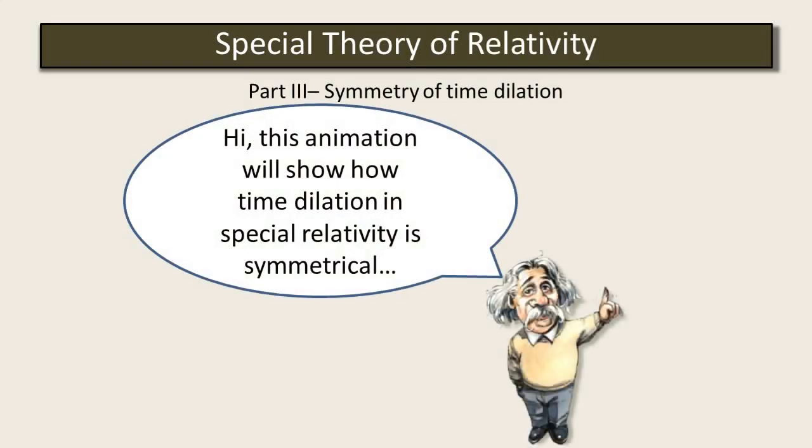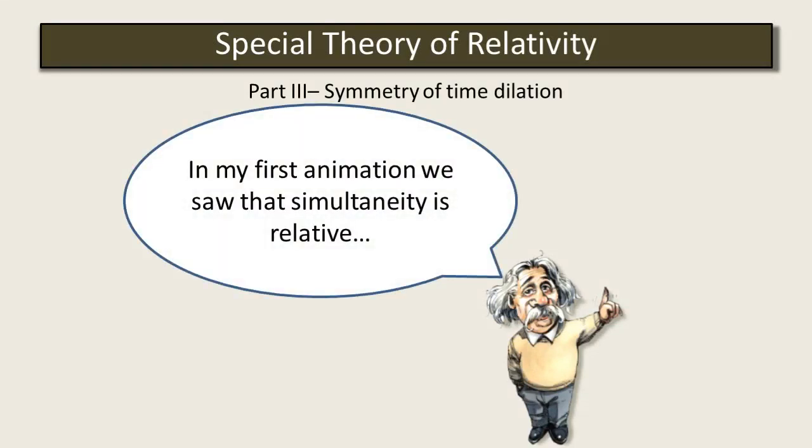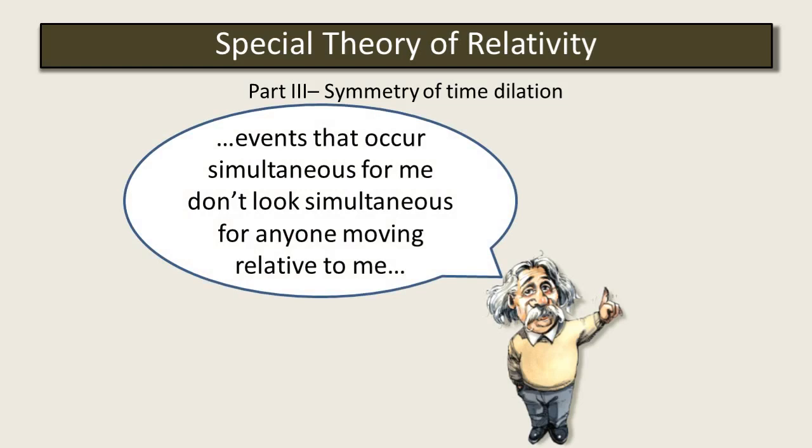Hi, this animation will show how time dilation in special relativity is symmetrical. In my first animation we saw that simultaneity is relative. Events that occur simultaneous for me don't look simultaneous for anyone moving relative to me.